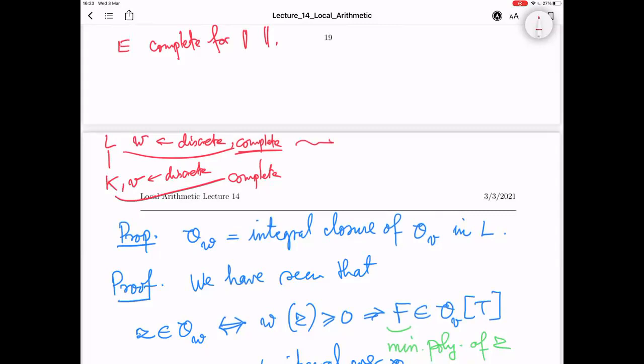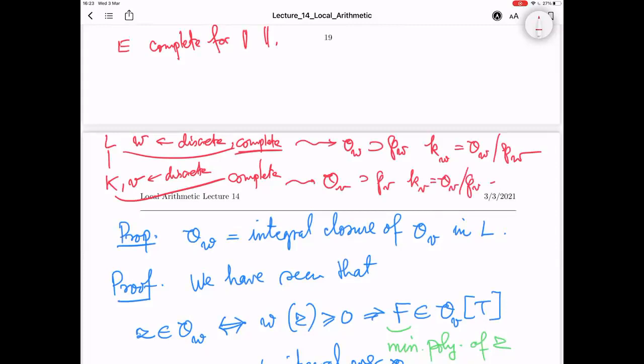Okay, so just as I had the ring OV here, I get the ring OW here, which has a principal ideal PW, and there's a residue field KW, which is OW upon PW, just as I had PV here and KV here, which was OV modulo PV, right?